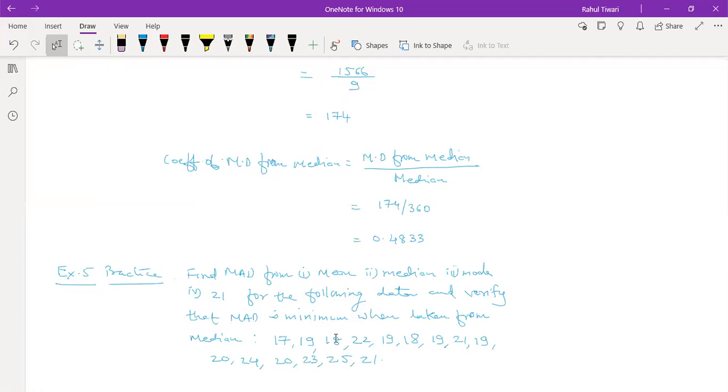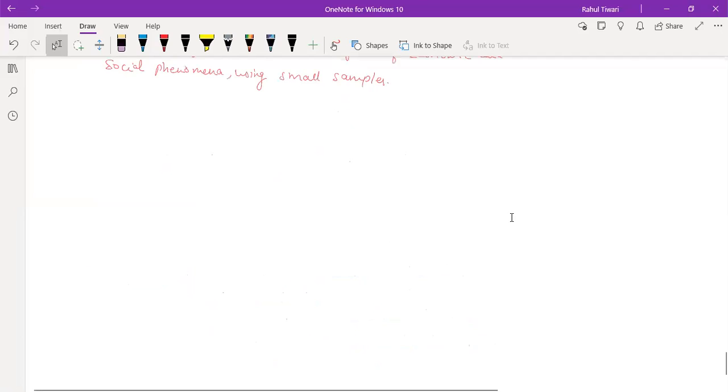A very, very important part in the next measurement. Standard deviation.